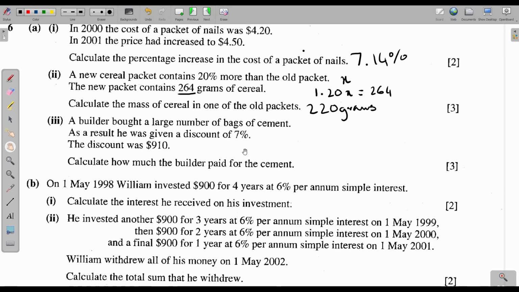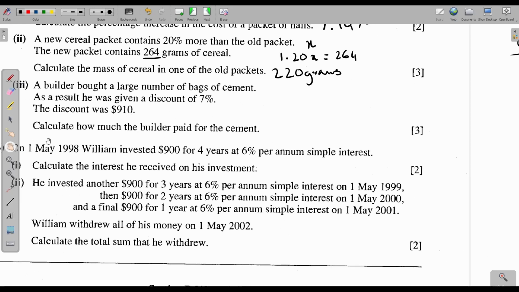Part 3. The builder bought a large number of bags of cement. As a result, he was given a discount of 7%. The discount was $910. Calculate how much the builder paid for the cement.